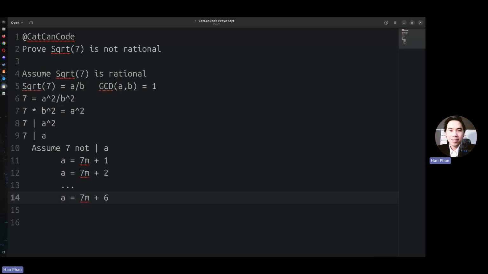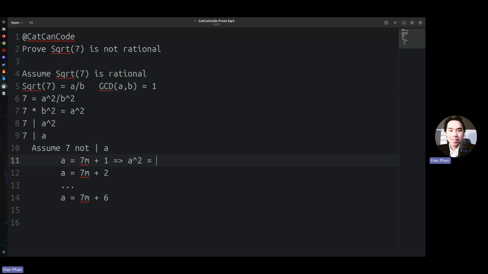So all the way from 1 to 6. When 7 is not dividing a, it means when you take a and divide by 7, the remainder will be either 1 to 6. So for each of these cases, you need to prove a contradiction.